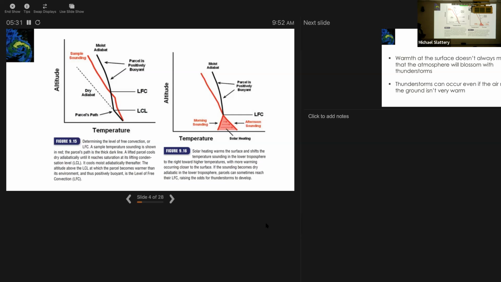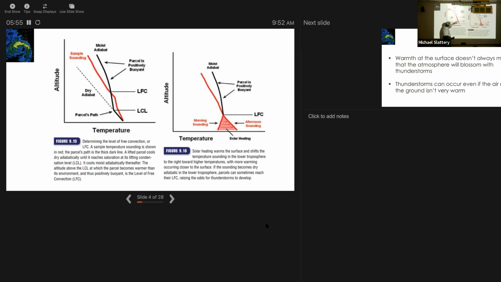So just as a recap here, remember the key thing in all of this, right? The most important thing when it comes to forecasting storms is to determine that LFC, the level of free convection, and the likelihood that an air parcel is going to reach that level. On the left here, this is from the book. Here's a simple example.